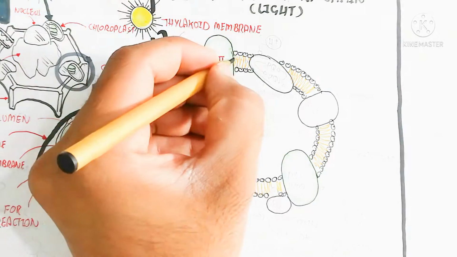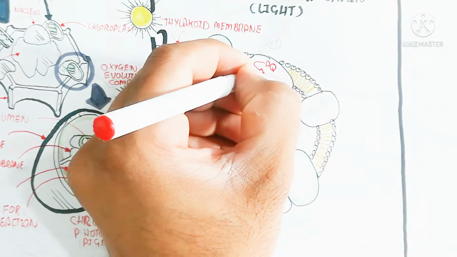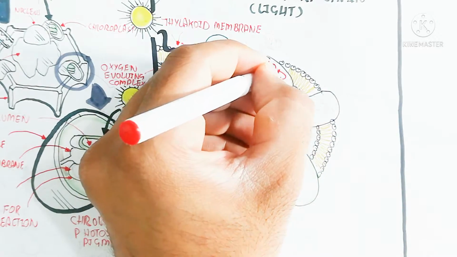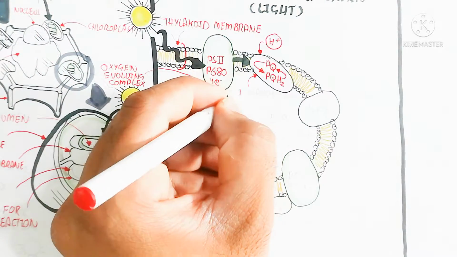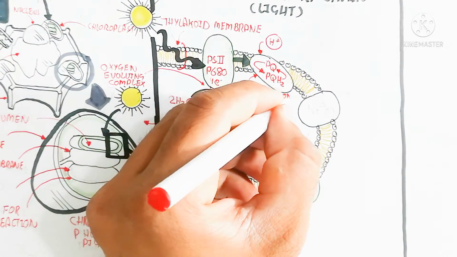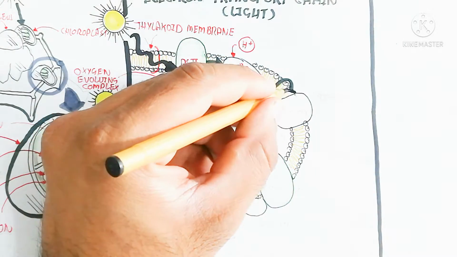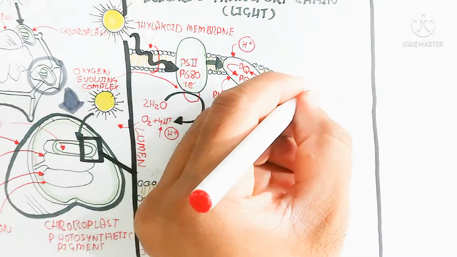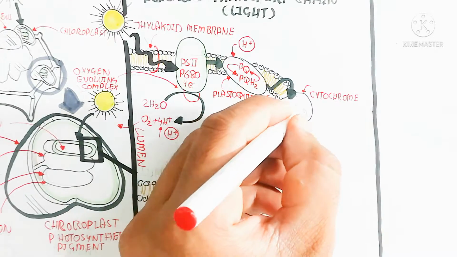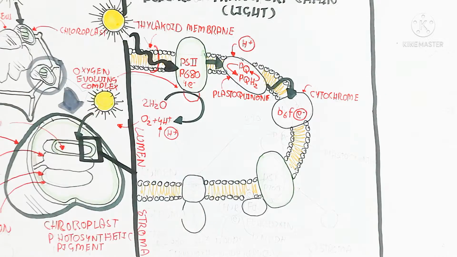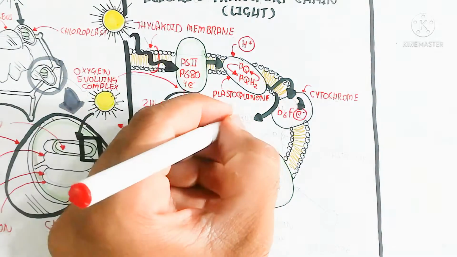Photosystem 2 transmits the electron to plastoquinone. This plastoquinone is reduced by accepting protons and electrons to form PQH2. This PQH2 pumps in more protons, so inside there will be more protons and outside in the stroma there will be fewer protons. So acidity will increase in the thylakoid lumen.